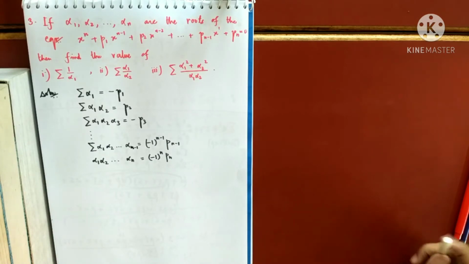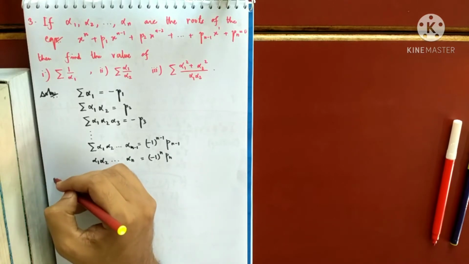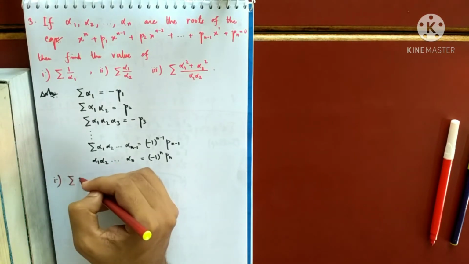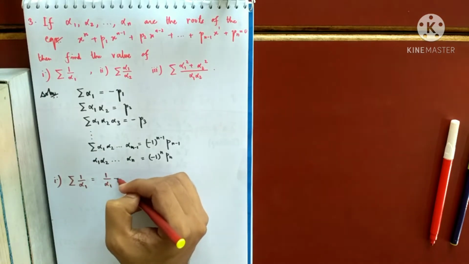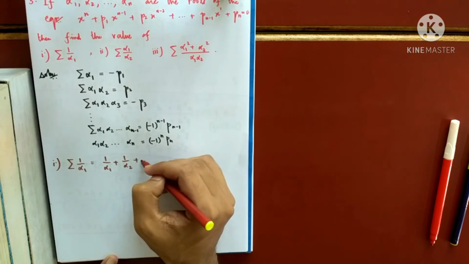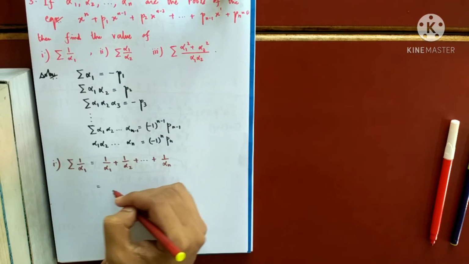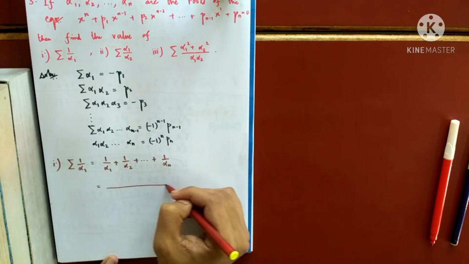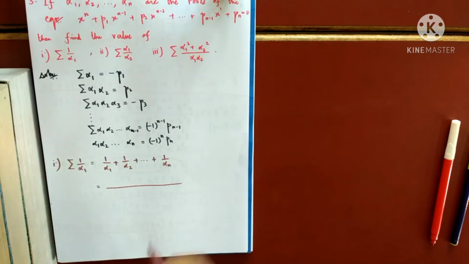Now let's solve one by one. So for number 1, what I have to do? I have to find summation 1 by alpha 1, which is nothing but 1 by alpha 1 plus 1 by alpha 2 plus ... plus 1 by alpha n. If I take the LCM, so this you try to understand properly.